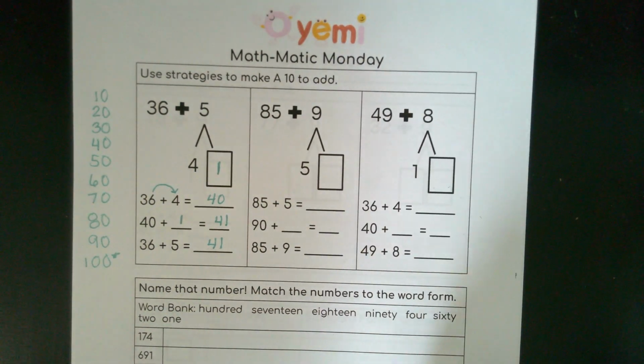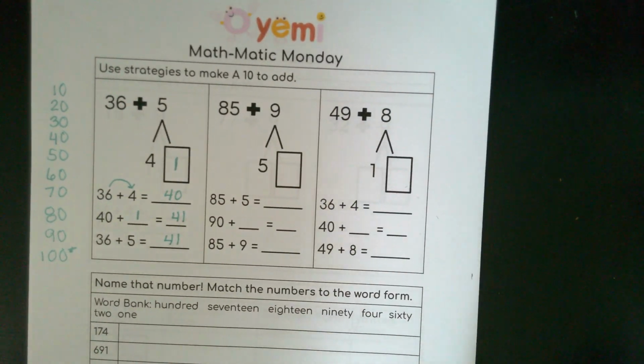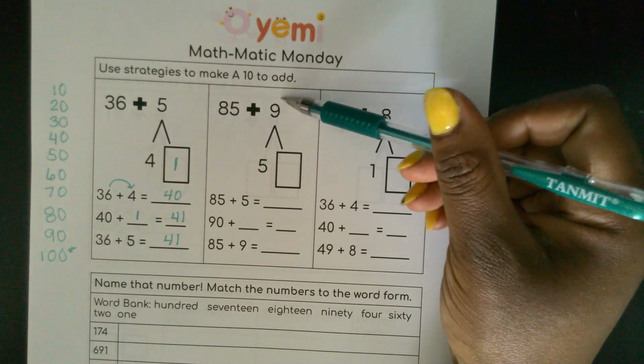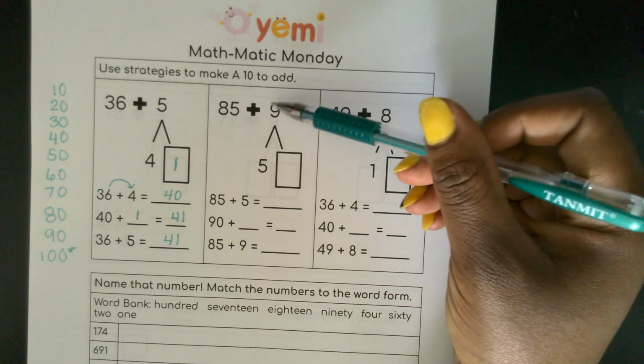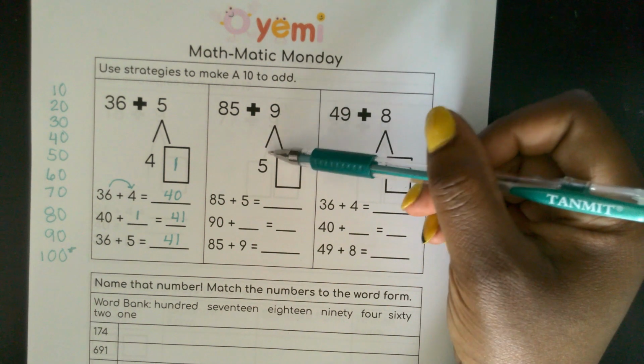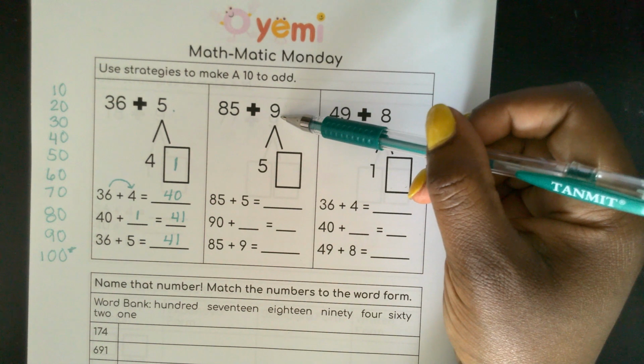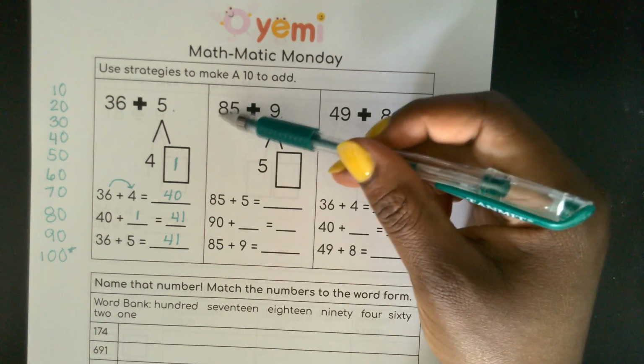So let's look at the next one. Here, I have 9 that I'm adding. So this make a 10 strategy will be a lot better to use here. Here I just had 5, so I could count up. Here I have 9. So 85.